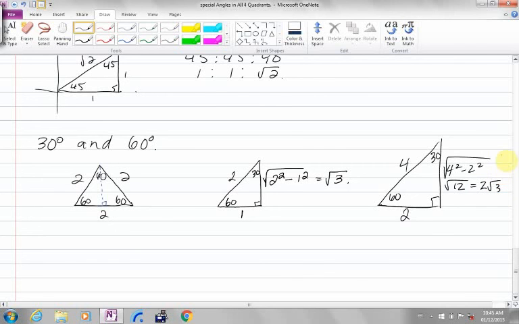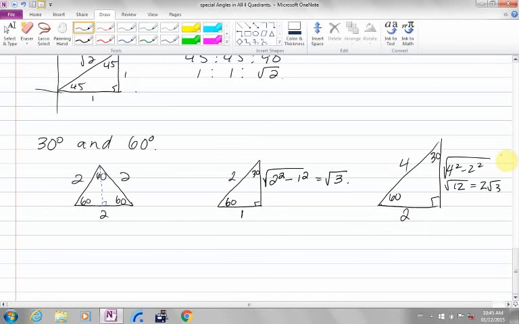So the relationship between the sides will be, again, the same regardless of the size of the triangle. Seeing the relationship between the sides is a little bit more complicated because they're all different. So, what do we call the shorter sides of a right triangle? Legs.